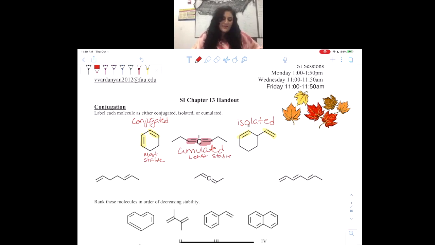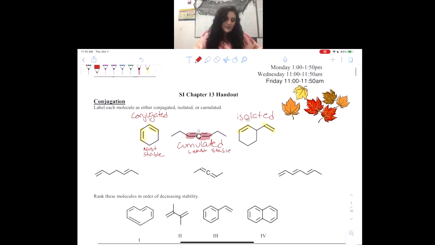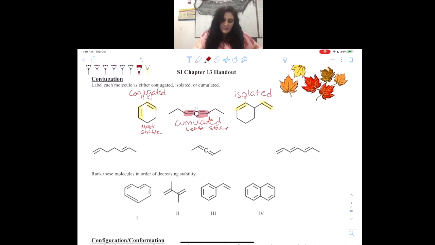If we have the same logic for the next question, we can see again, this would be the cumulated molecule. Next up, we can obviously see that these are very far apart from one another. And let's just double check. 1, 2, 3. Yes, they're 3 bond lengths apart. So this is isolated.